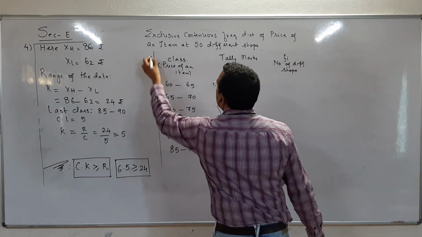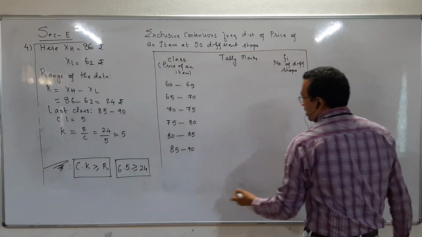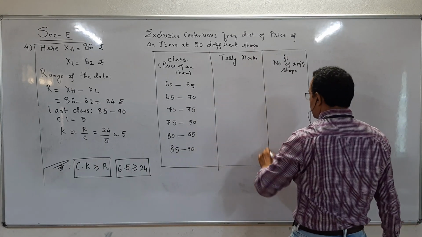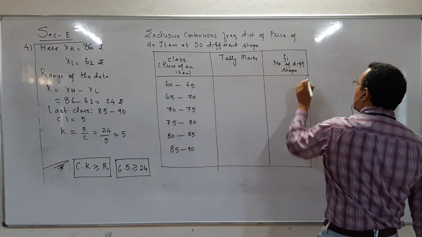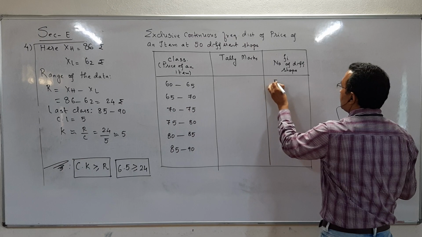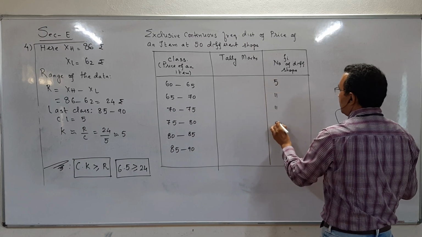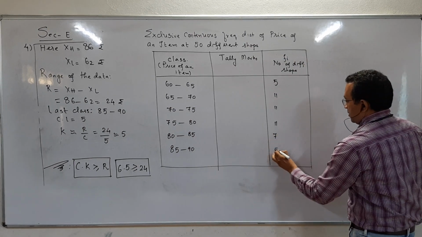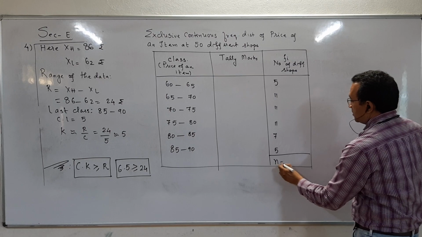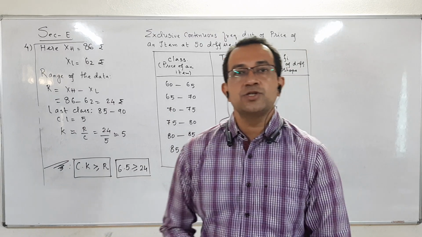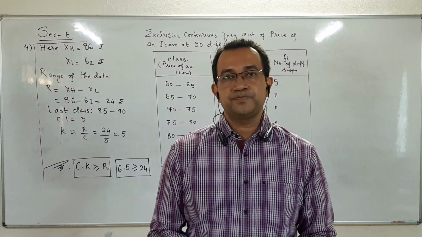So if I prepare the table and make a box, then this is our final table. And if I go with the telemarks and frequency, 5, 11, 11, 5, 3 times 11, then 7 and 5, and total is nothing but 50, because the number of shops under consideration, students, are 50.